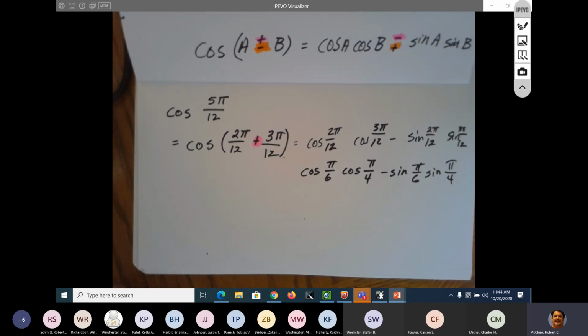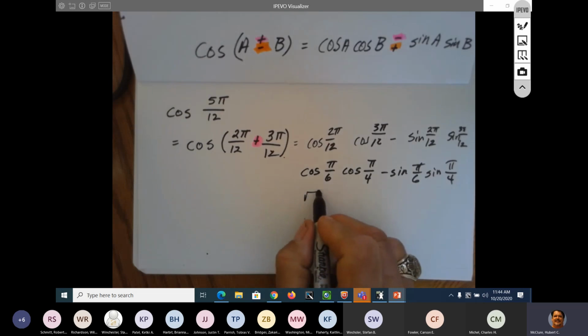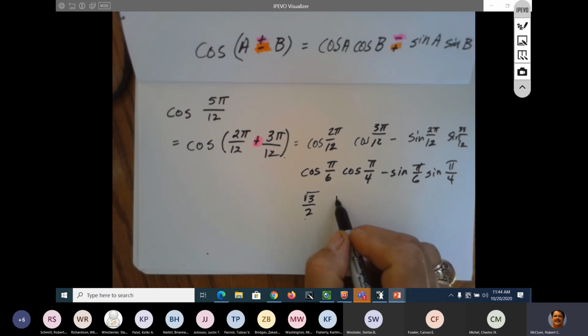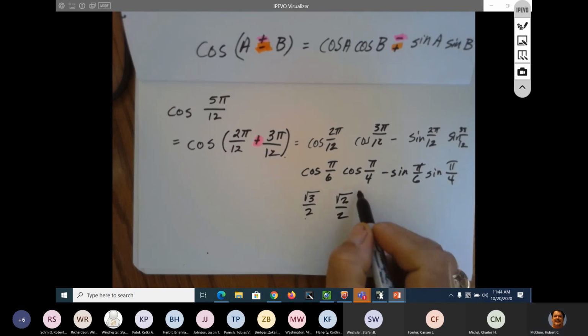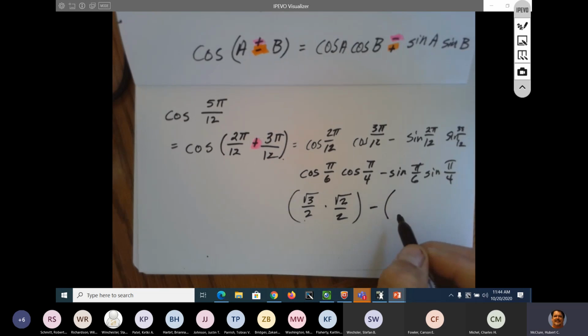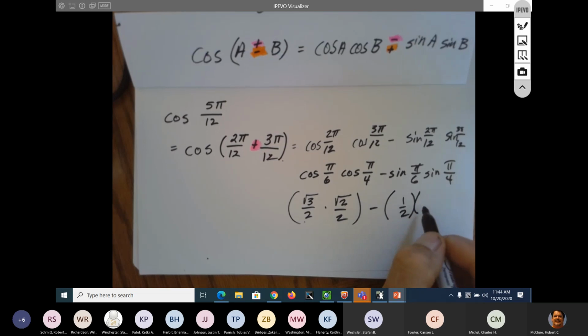And the cosine of pi over 6 is square root of 3 over 2. Cosine of pi over 4 is square root of 2 over 2. Minus the sine of pi over 6 is 1/2. And the sine of pi over 4 is square root of 2 over 2.